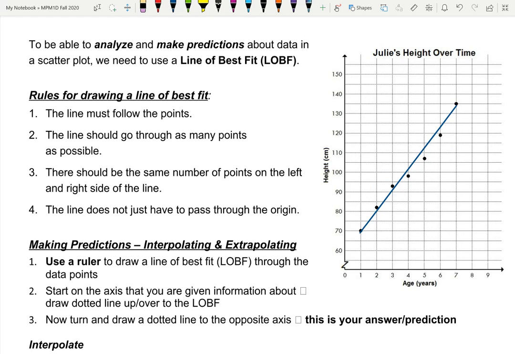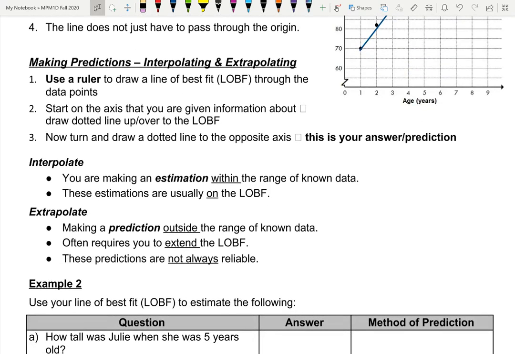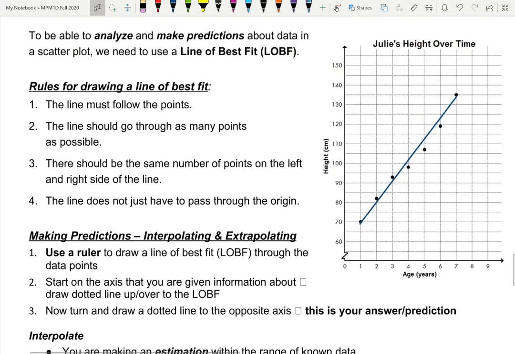Okay, so making predictions, we use 2 different types of methods, interpolation and extrapolation. To interpolate means you're making an estimation within the range of known data. So the data given to us begins at age 1 and ends at age 7.